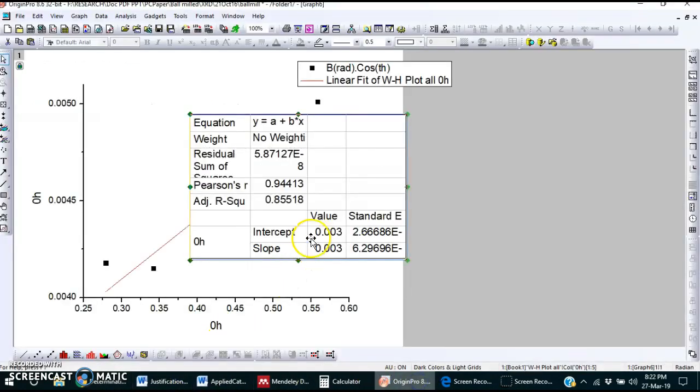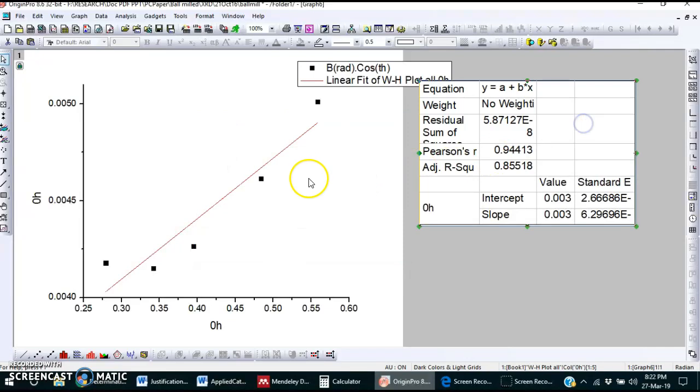Manually also we can find out, like we can calculate 2 points. One is this.